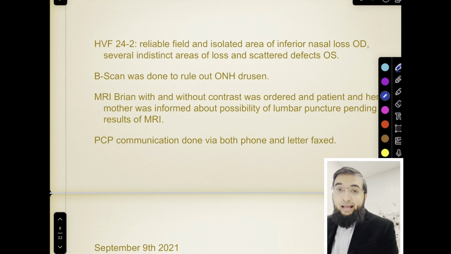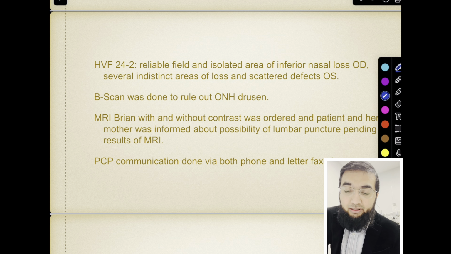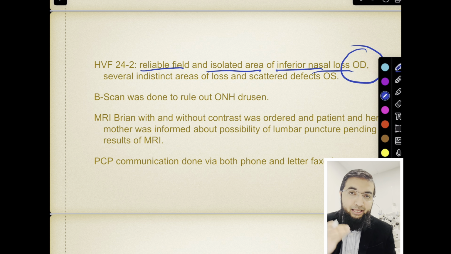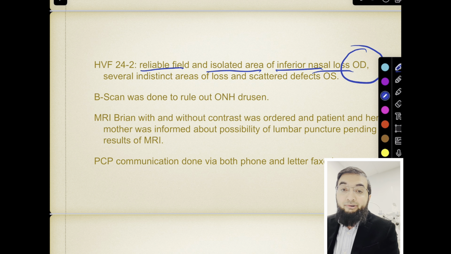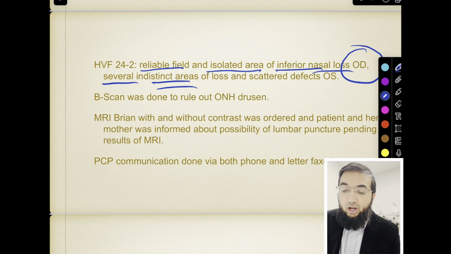When I am reporting my visual field, this is what I said: reliable field and isolated area of inferior nasal loss in the right eye, and several indistinct areas of loss and scattered defects in the left eye.